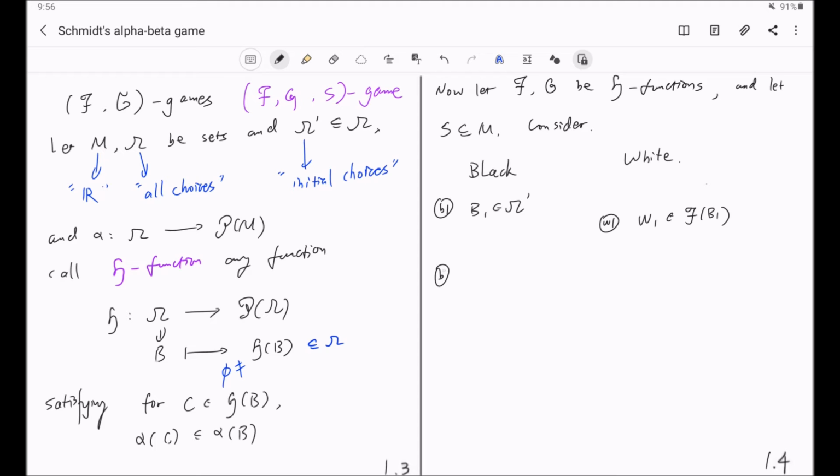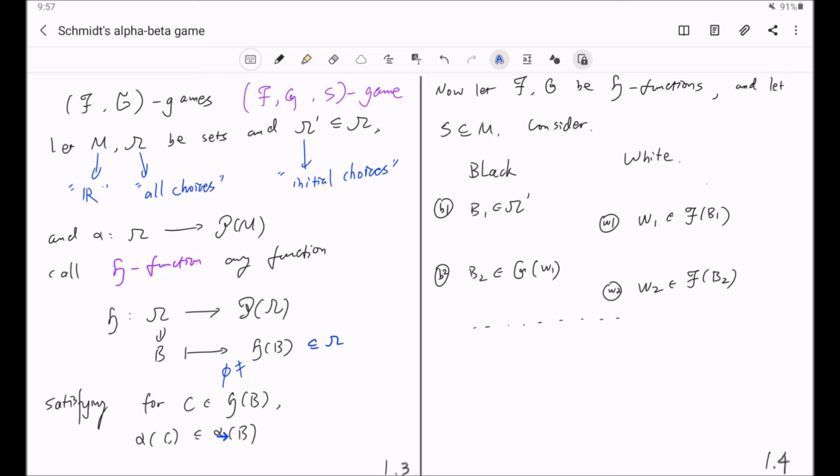In the second round, black will first choose B2 in script G of W1. And then white will choose W2 in script F of B2, and so forth.